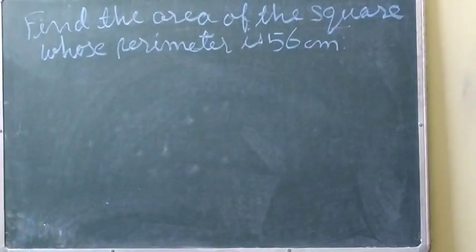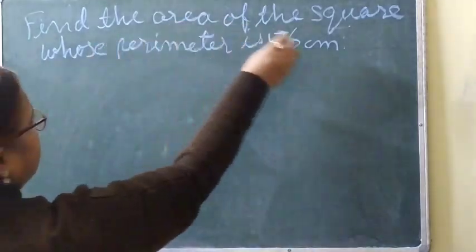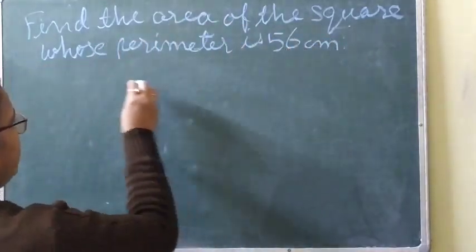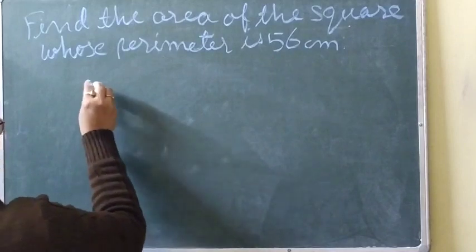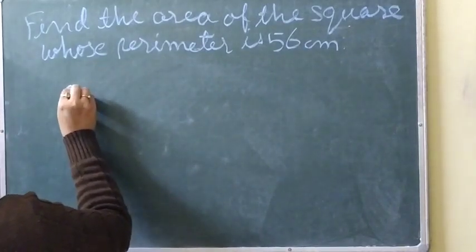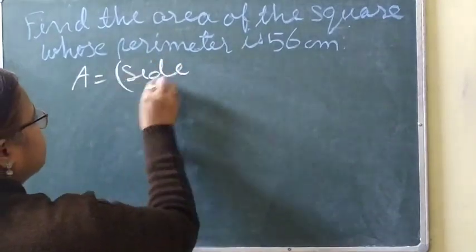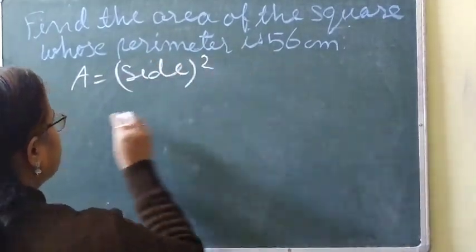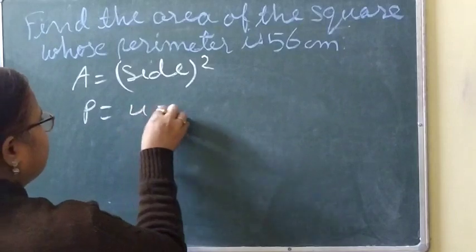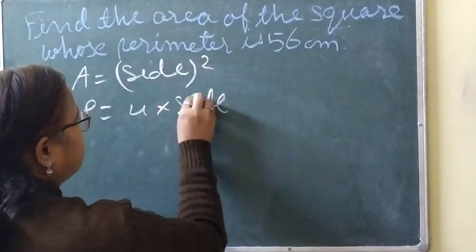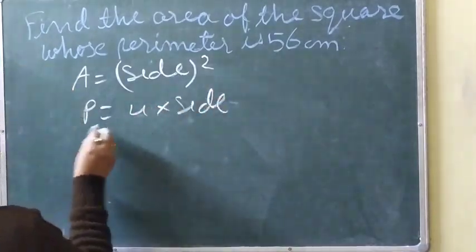Clear? This is the question. Find the area. Area we have to find out. And you know area is equal to side square. Clear? We don't know side. Perimeter is given and perimeter is equal to 4 into side. Okay. So here it is given 56.